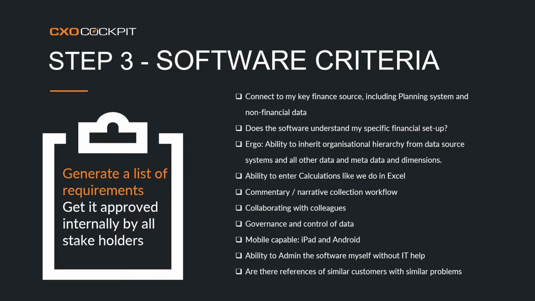It doesn't need to be just a cell note, but if you're thinking about multiple entities within an organization, you might have a hierarchy of many different divisions, and you wish to collect commentary from many different levels within the organization and have those rolled up into your group level view. So therefore, that could be a key criteria for the software vendor that you're thinking about.